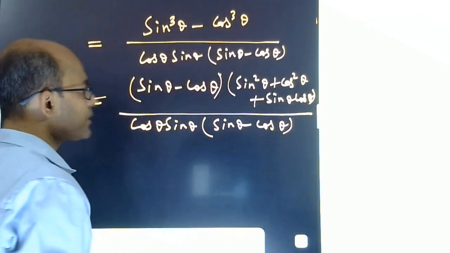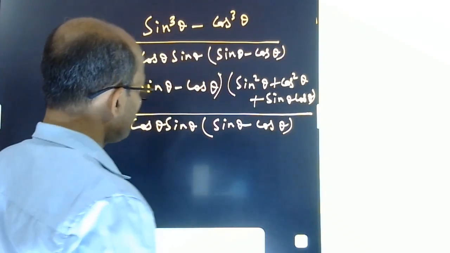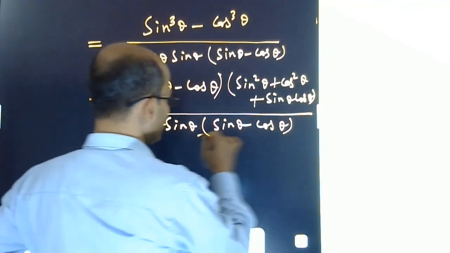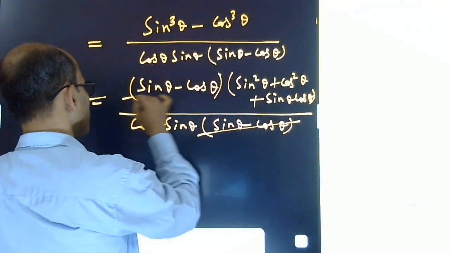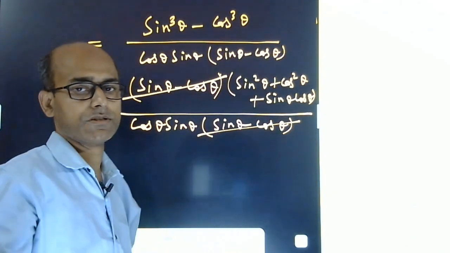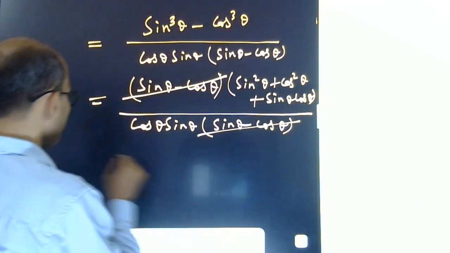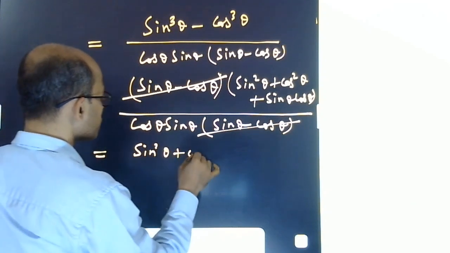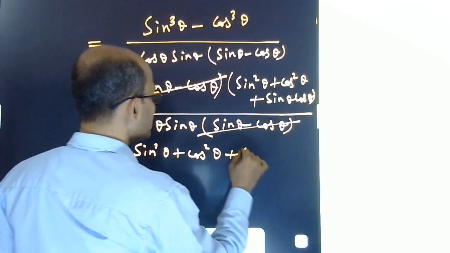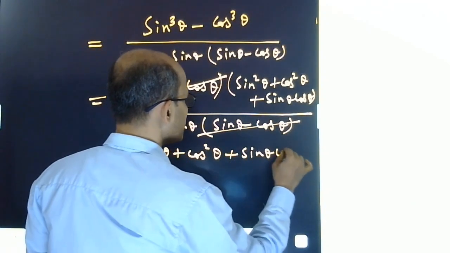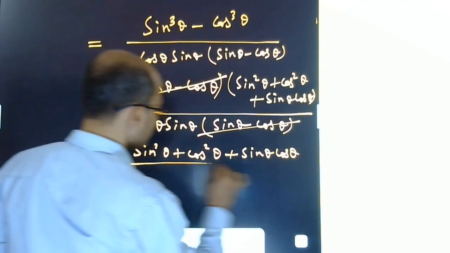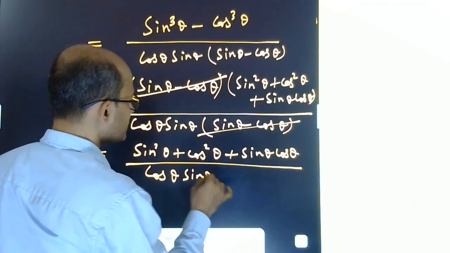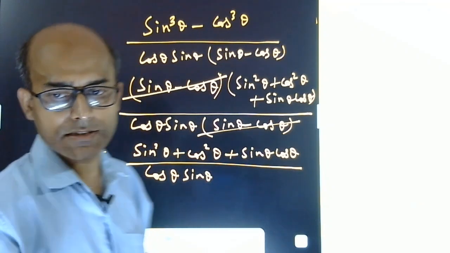So what we have observed and what we are watching right now, sin theta minus cos theta and sin theta minus cos theta are getting cancelled to each other, no doubt in it. And the remaining portion is sin square theta plus cos square theta plus sin theta cos theta divided by cos theta sin theta.